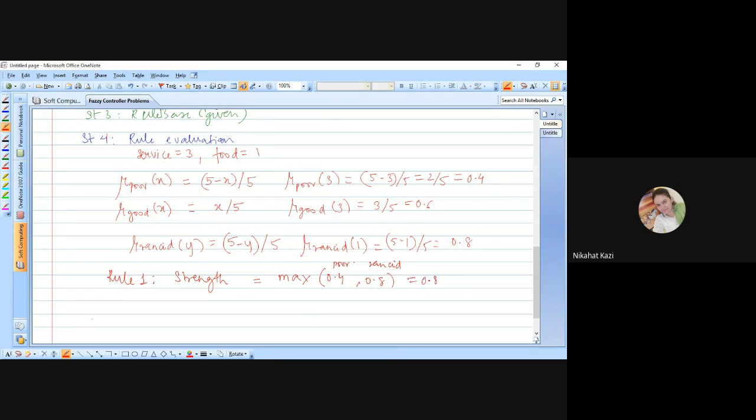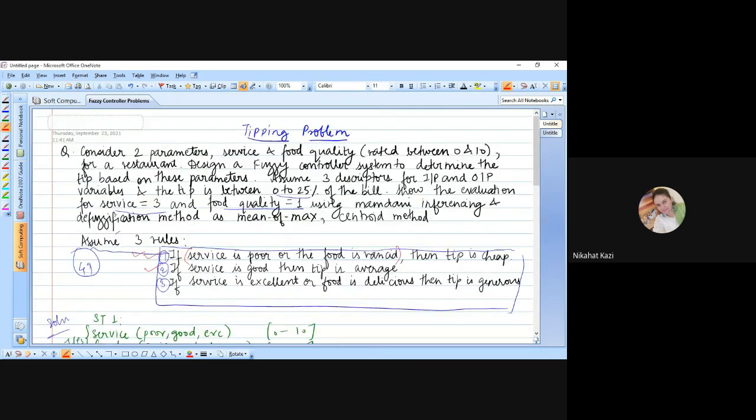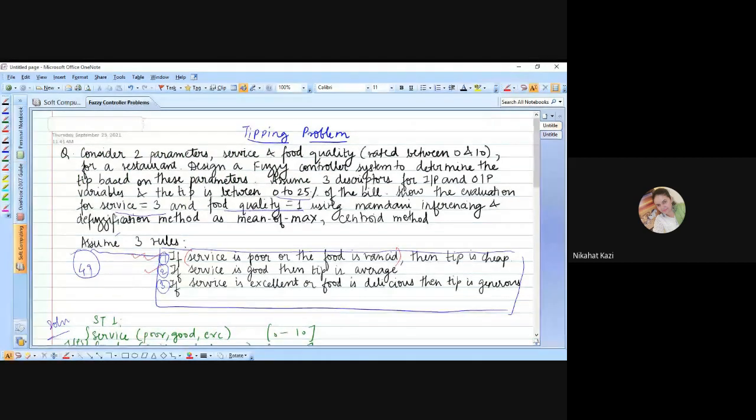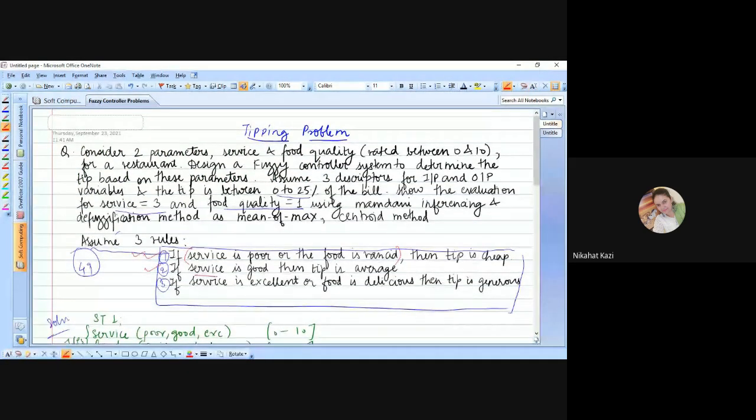Okay. What about strength of rule 2? There is only a single fact in the antecedent. The service is good. Okay. You don't need to combine. And that value, the membership value, the strength of that rule will depend on the strength of whatever service is getting there.